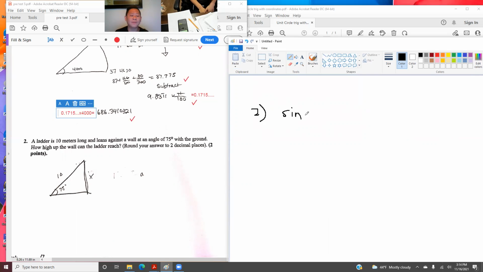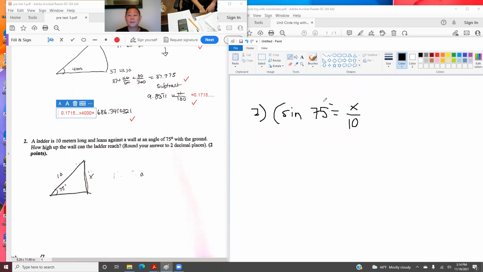Sine 75 degrees equals what? X over 10. So can you tell me what X is and how we solve for X here?